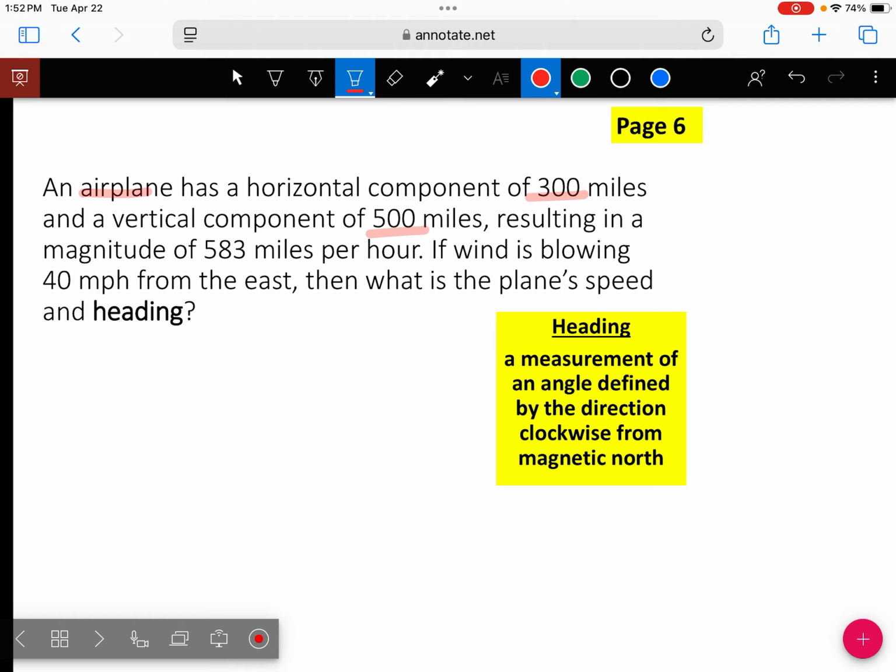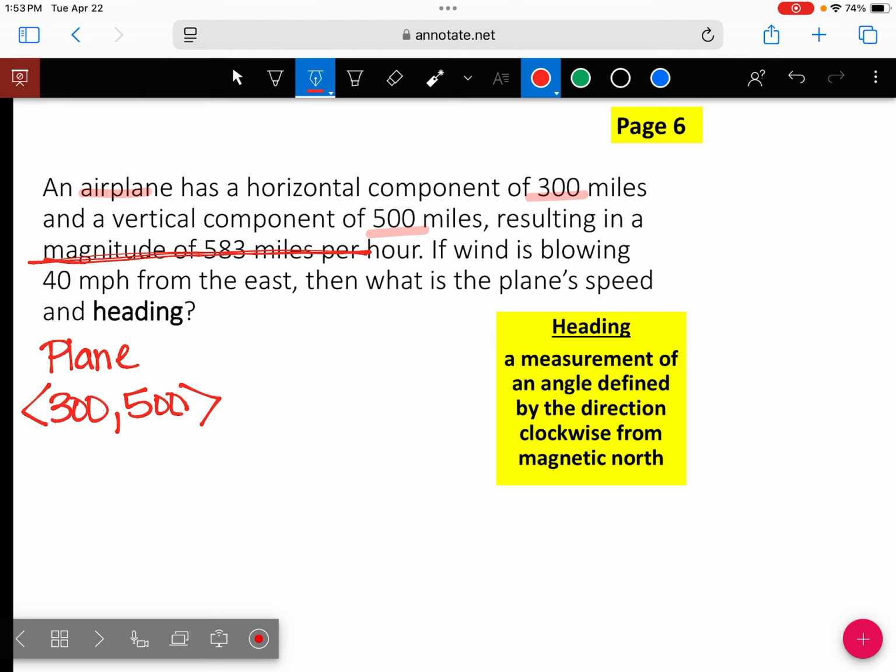The vertical is 500. So I'm going to write that down. So my plane is 300, 500. Resulting in the magnitude of 583. And that's not important because we don't need that.